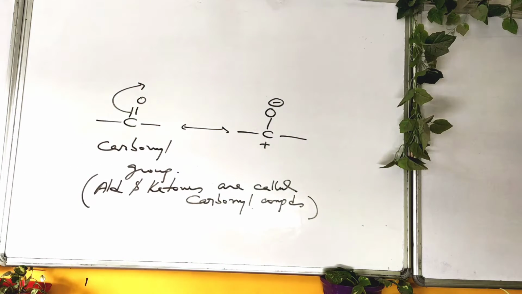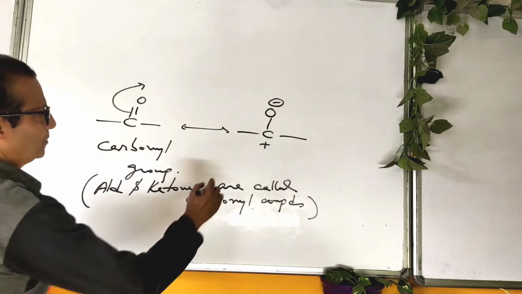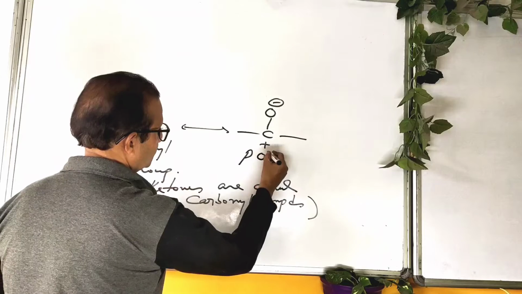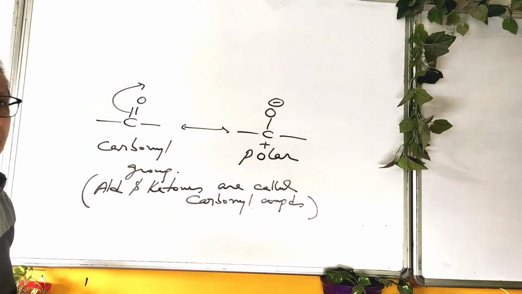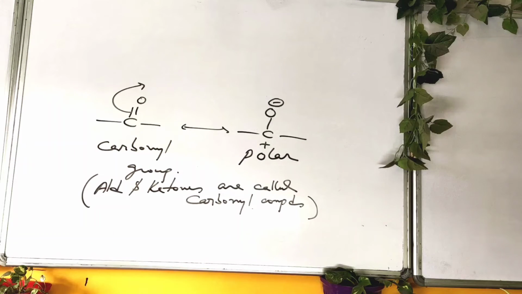So there is a distribution of positive and negative charge. Carbon possesses positive charge and oxygen possesses negative charge. Hence, it is polar in nature. Due to the difference in electronegativity, if there is a distribution of positive and negative charge, that is called polar nature.